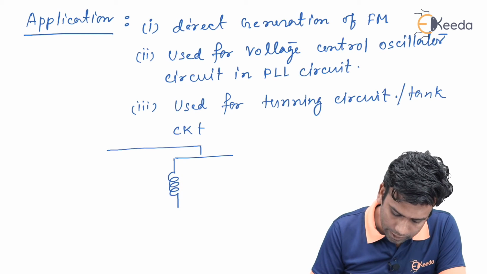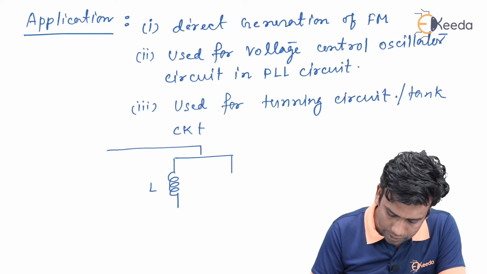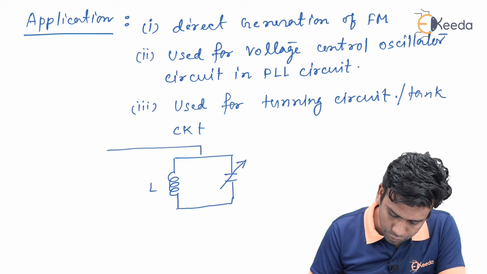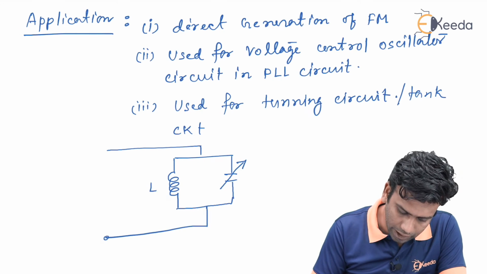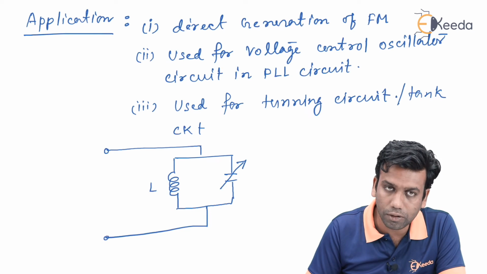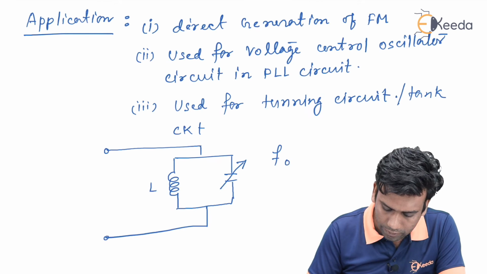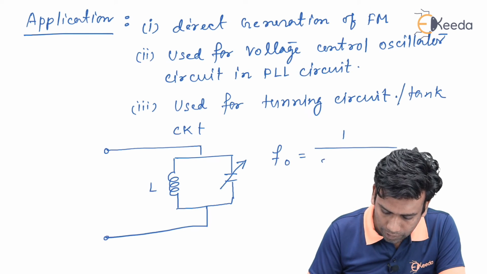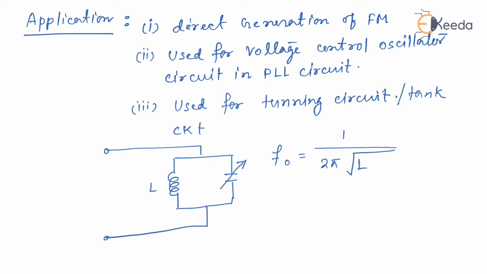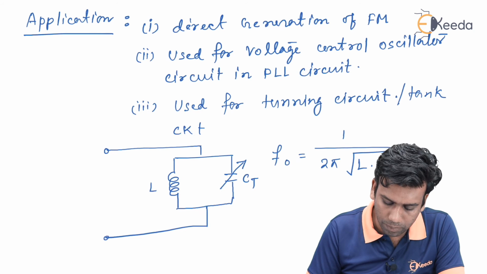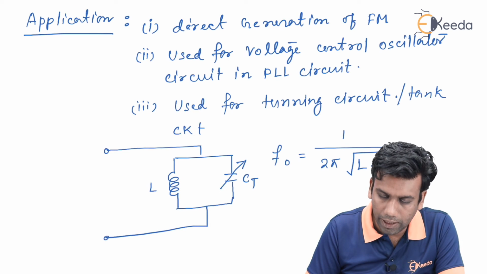There will be an inductor L and there is a capacitor, and this capacitor value should be varied to get different values of resonant frequency, because the resonant frequency is given by 1 by 2 pi root over L C, and if it is the transition capacitance of the Varactor diode, then we can see it will be CT. So, by changing the Varactor diode applied voltage, we can change the value of CT.